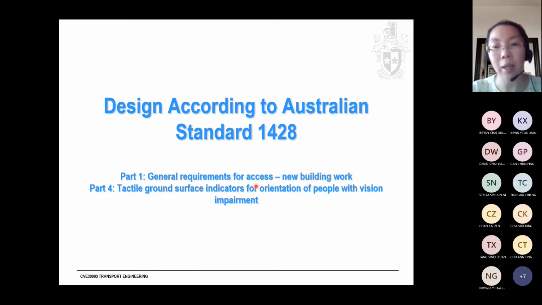Under the Australian law, they say that for all old buildings, that were constructed before this act came out, if the building owner is able to provide the ramp access without any undue hardship, without suffering bankruptcy, for example, because I need to construct a ramp and spend money.